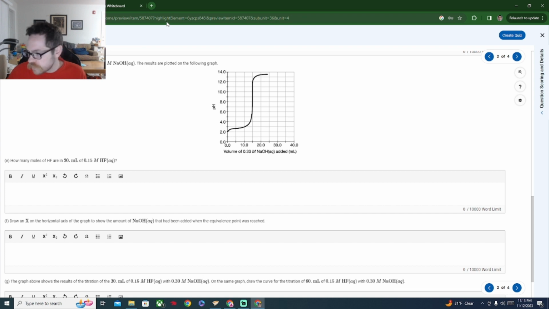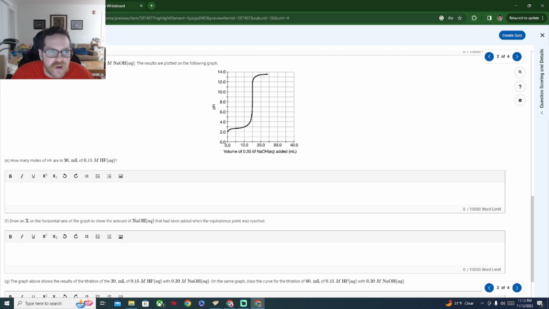So just do 30 divided by 1,000 times 0.15, get 0.045 moles.